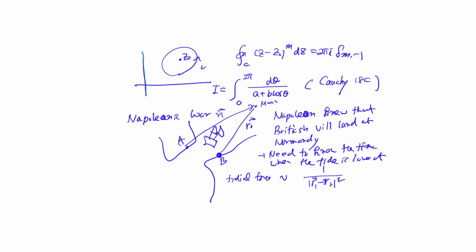So R1 minus R2 squared is R1 squared plus R2 squared minus 2 R1 R2 cosine theta.